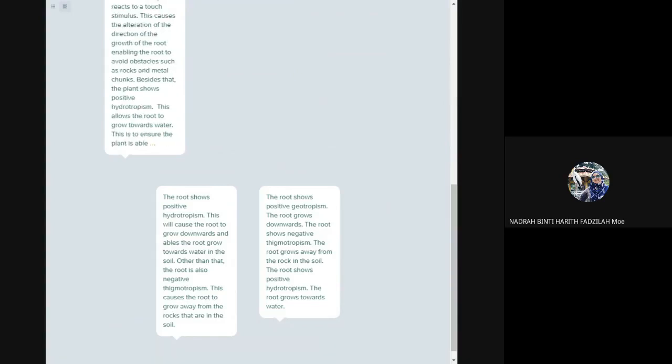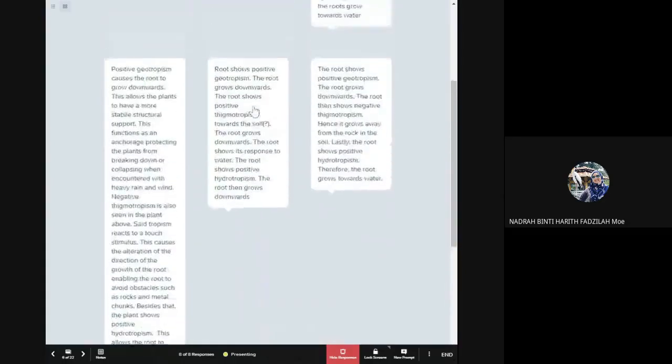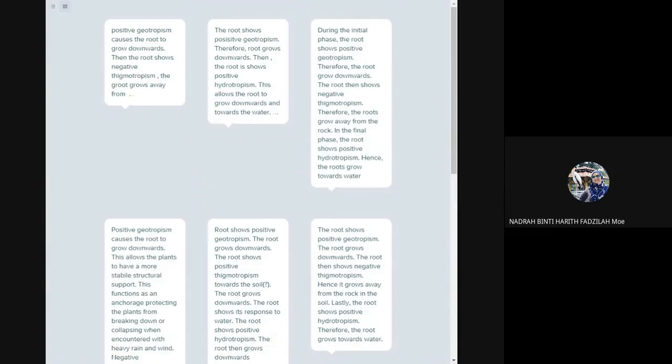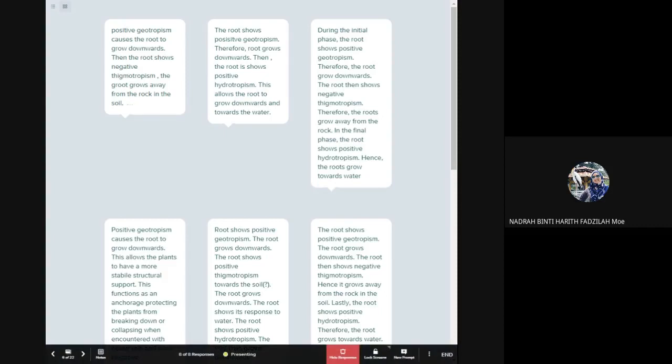Okay, hari ni kita ada lukis-lukis juga ya. Okay, so we have covered the first 3 types of tropism, which is geotropism, thigmotropism, and also hydrotropism. Geotropism and hydrotropism ni positive for root but negative for thigmotropism for root.